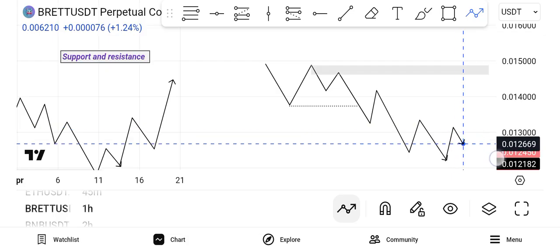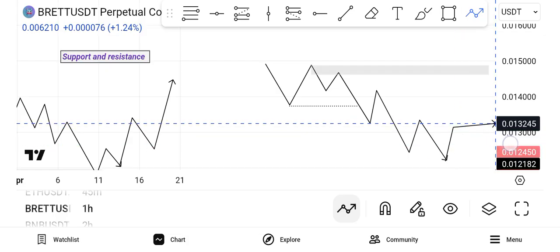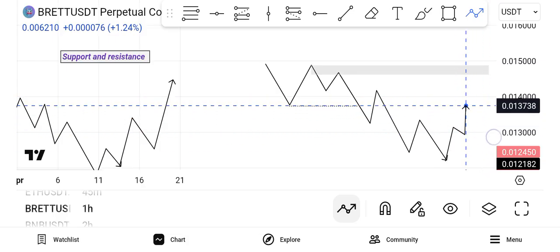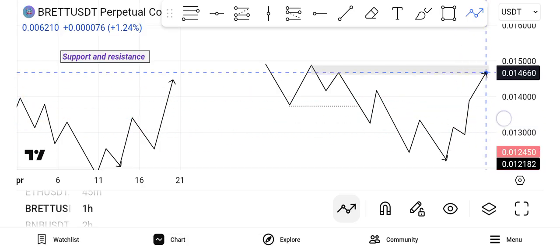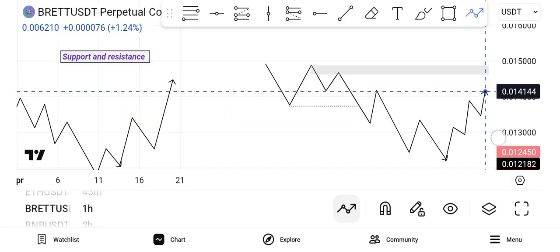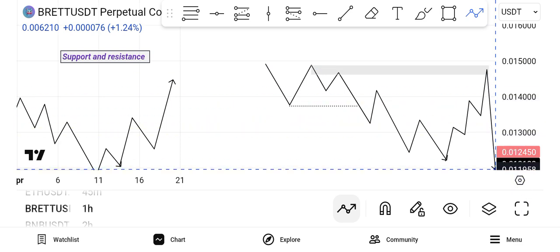In most cases, all of these internal structures would not hold. The market will more likely go and respect this resistance level that we have here before it sells back down, continuing in that structure again.